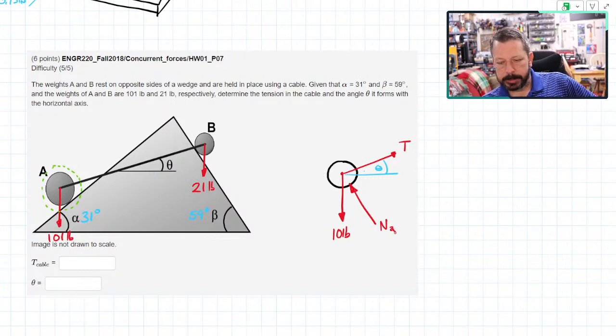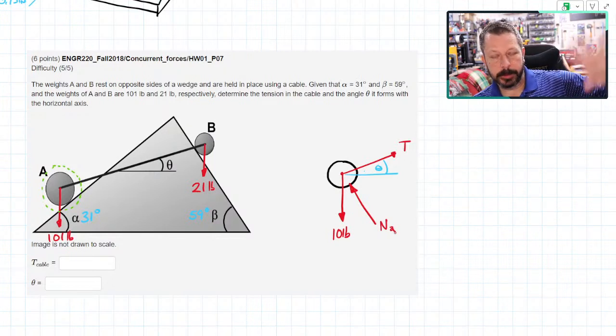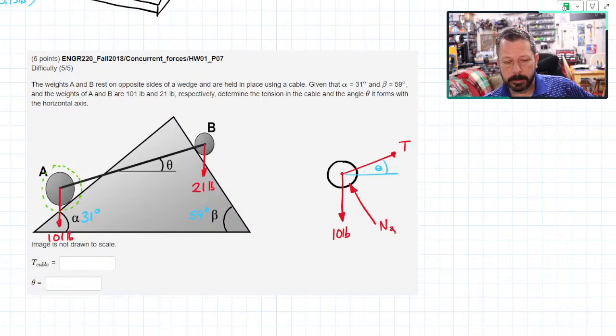This force is, I need to figure out, what angle is this thing at? So this is the reaction of the ball touching the triangle. And the problem doesn't explicitly say to ignore friction, but it also doesn't give us anything like a coefficient of friction. So if you're not given a coefficient of friction, then assume that you're supposed to ignore friction.